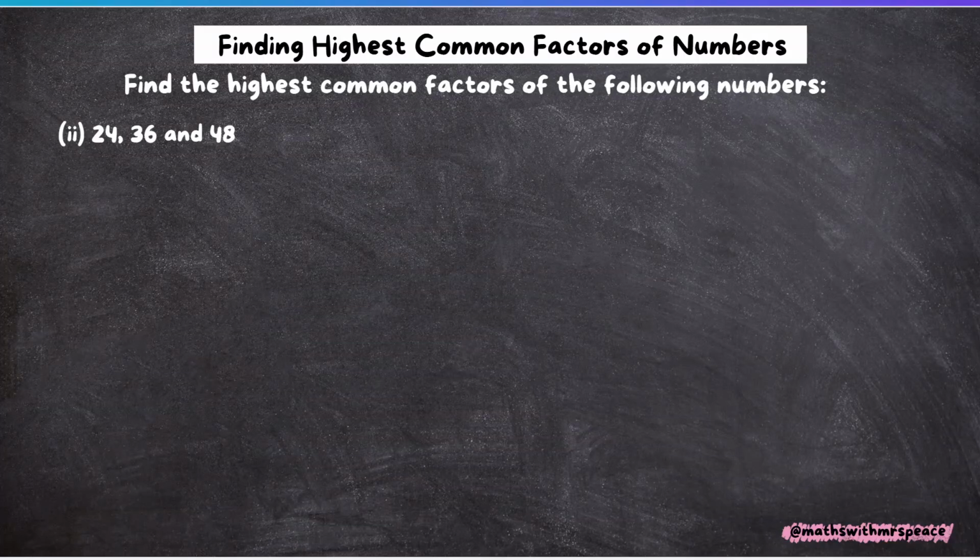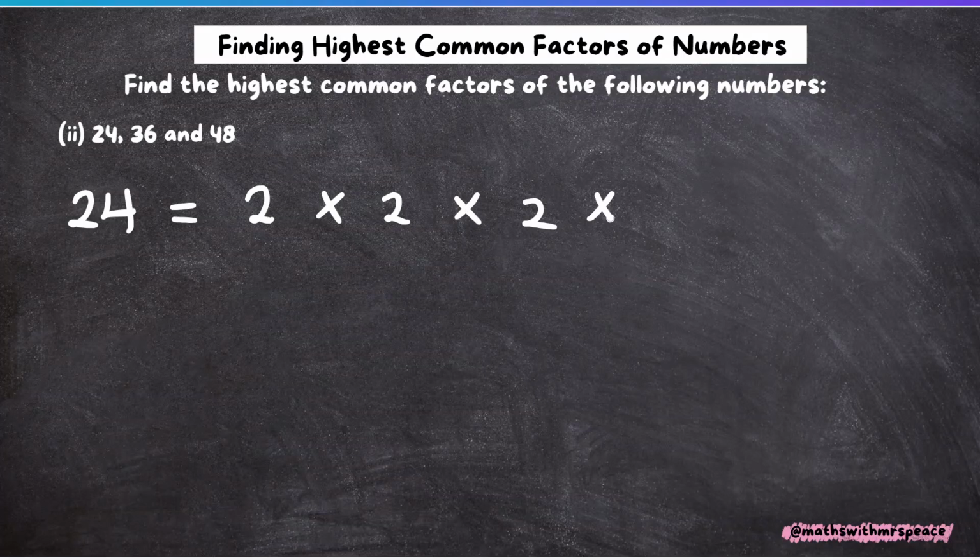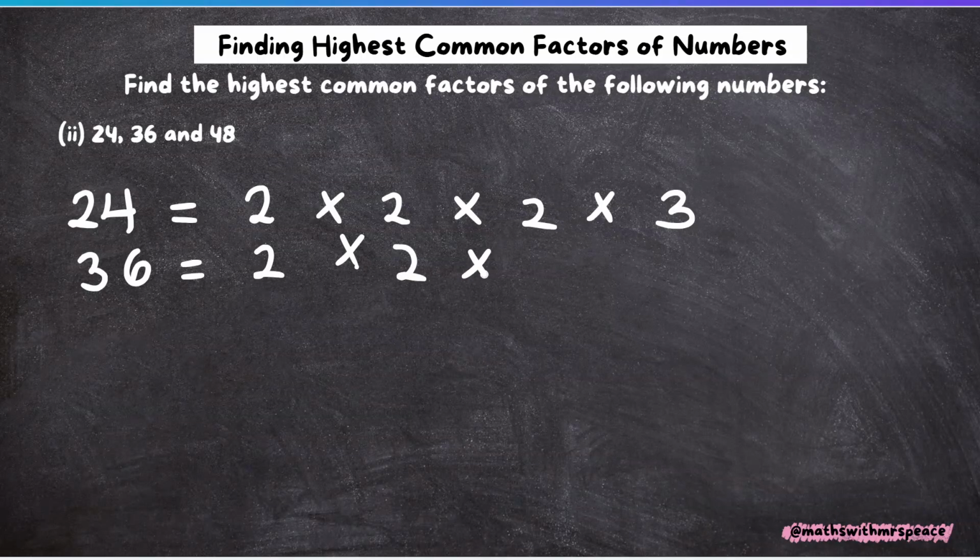So we have 3 numbers here: 24, 36, and 48. We'll do exactly the same as we did for the first example. We have 24. We're going to express that as a product of its prime factors. This is going to be 2 times 2 times 2 times 3. I just like to space it out so that it makes our selection easier. For 36, we're going to have 2 times 2 times 3 times 3.